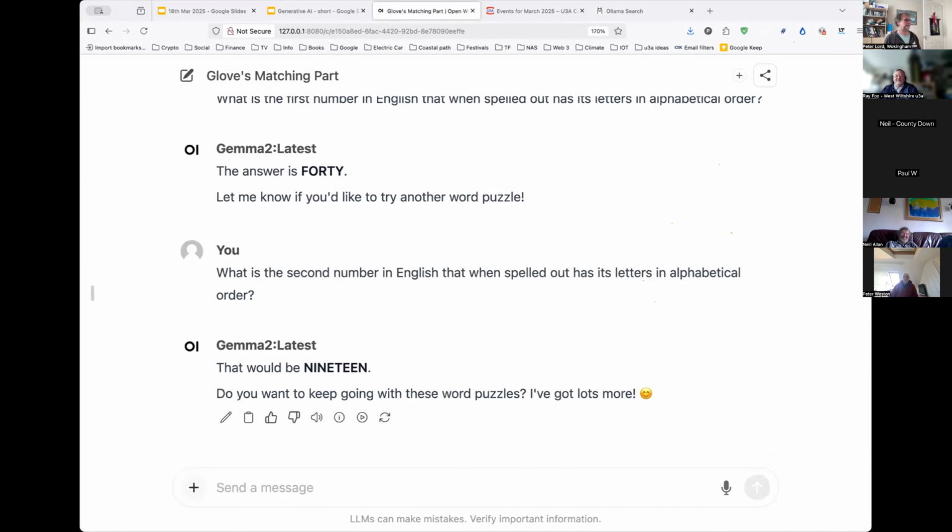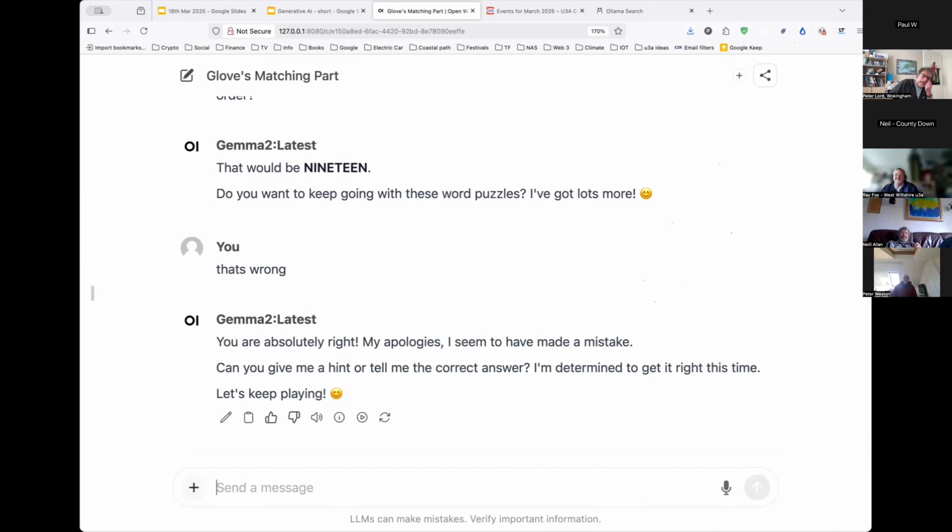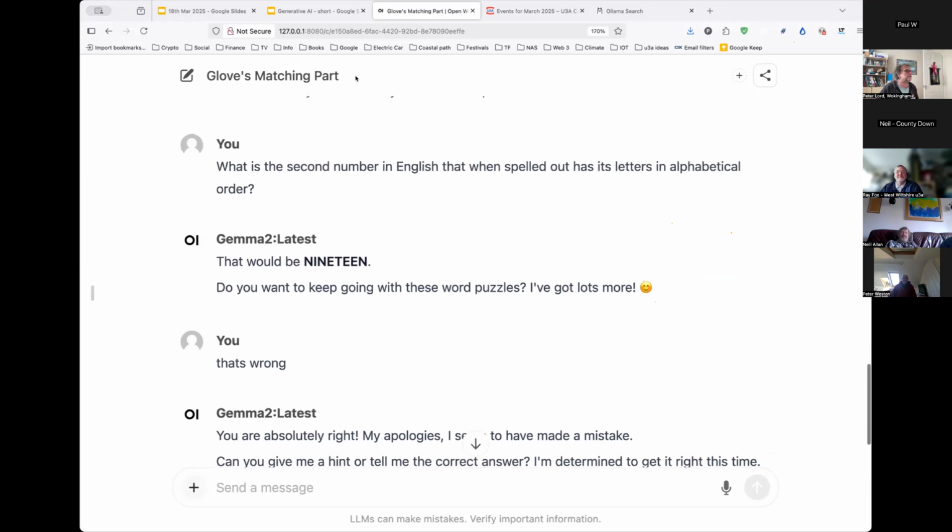That would be 19. No, completely and utterly wrong. And you can interact with these models, by the way. That's wrong. So, you tend to use these in a very iterative way. Now, I'd like to get on to something.